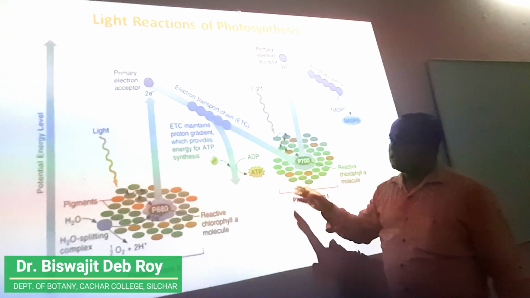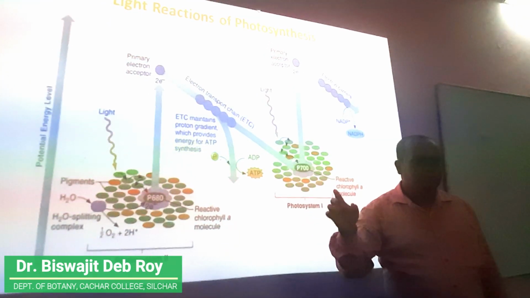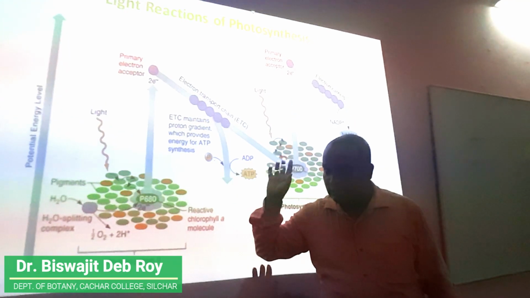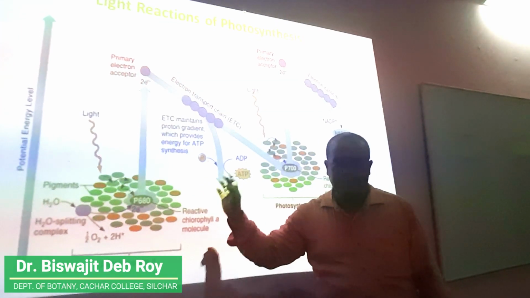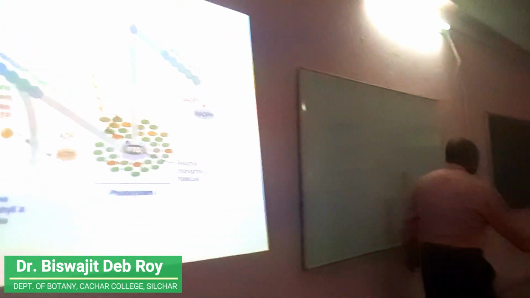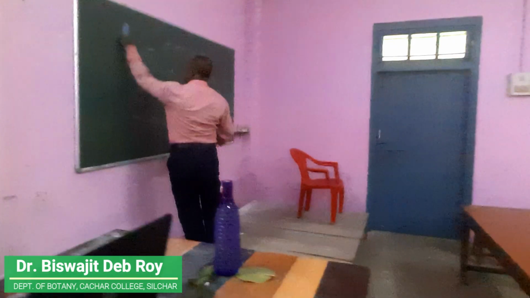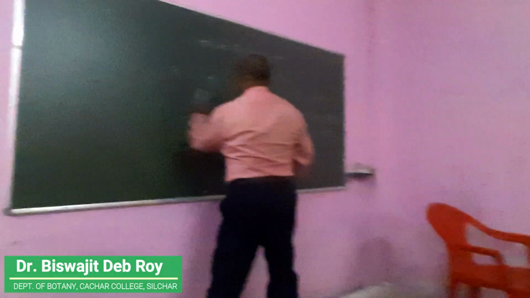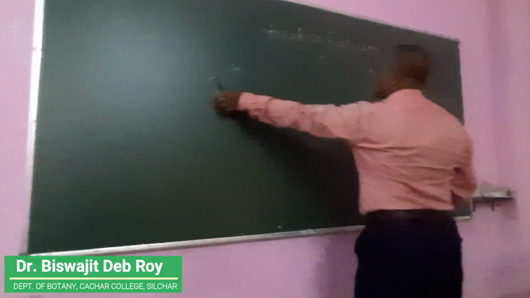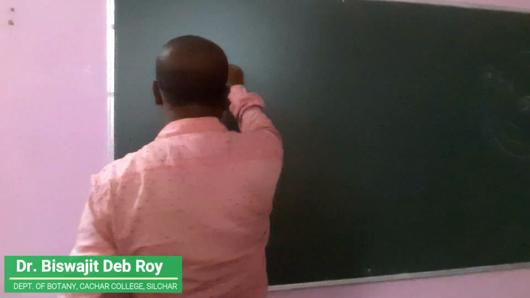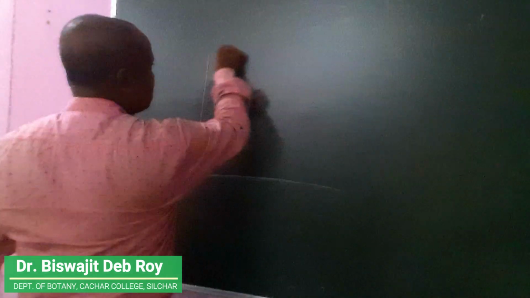Then photosystem 1. But before going to that, there is another event which is known as the Hill reaction. Come to the blackboard, you see the Hill reaction. The Hill reaction occurs in the chloroplast. There is a particular complex which is called OEC, the oxygen evolving complex.